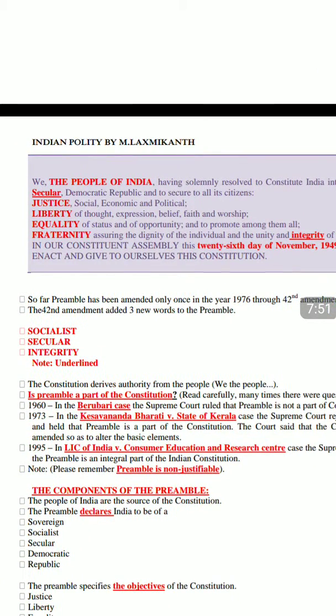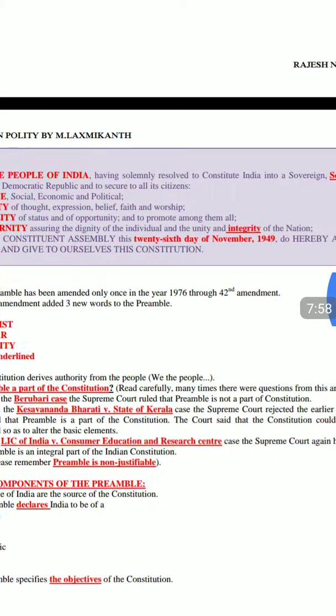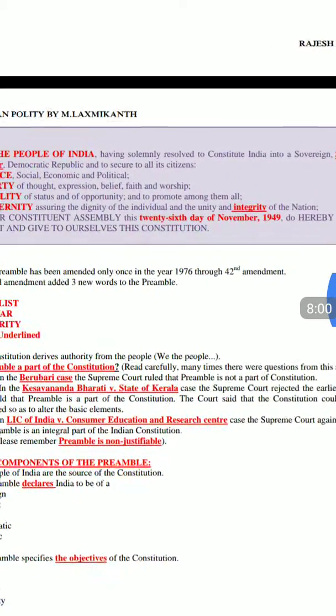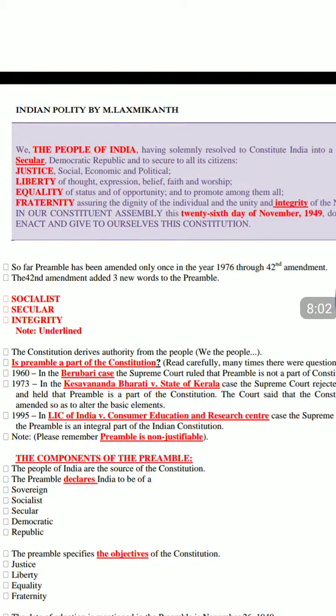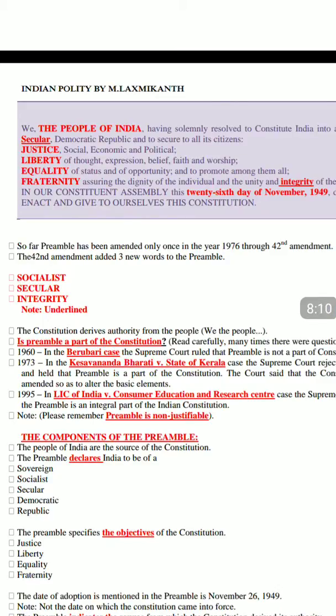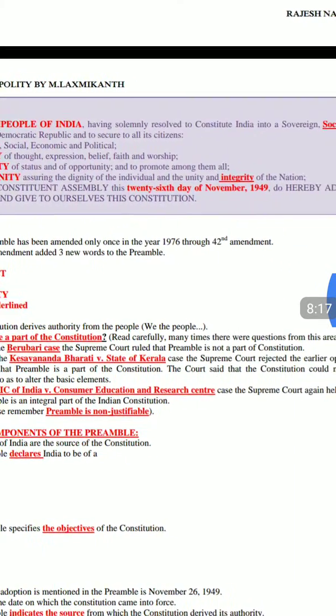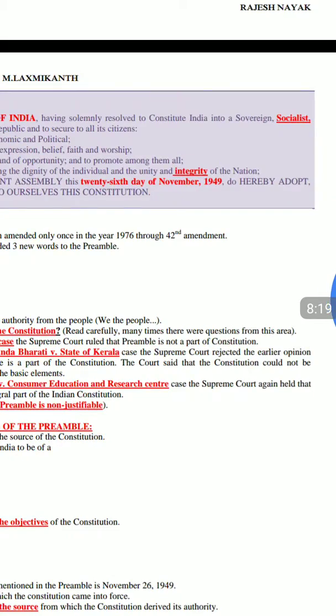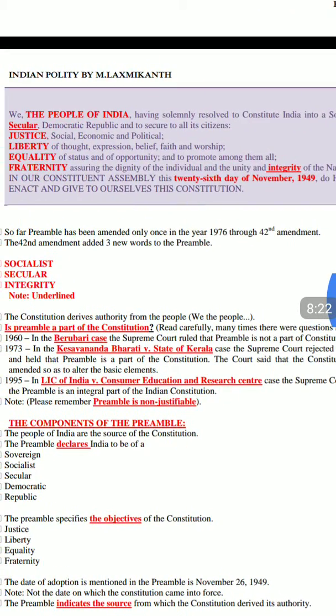But overriding this decision, in 1973, in the Kesavananda Bharati case versus the State of Kerala, the Supreme Court rejected the earlier opinion and held that the Preamble is part of the Constitution, and that the Constitution could not be amended so as to alter the basic elements. In 1985, in LIC of India versus Consumer Education and Research Center, the Supreme Court held that the Preamble is an integral part of the Indian Constitution.